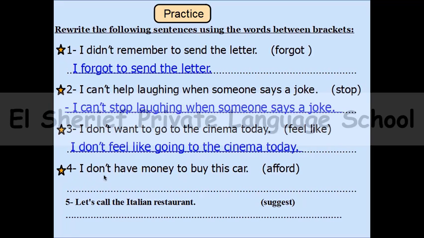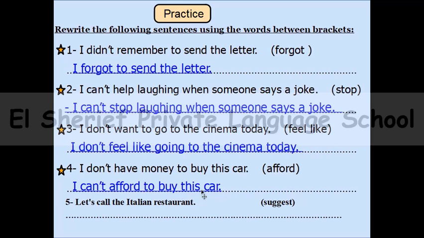Number 4, I don't have money to buy this car. So what's this verb? Afford. This verb means to have enough money to pay the cost of something. So the right answer is I can't afford to buy this car.